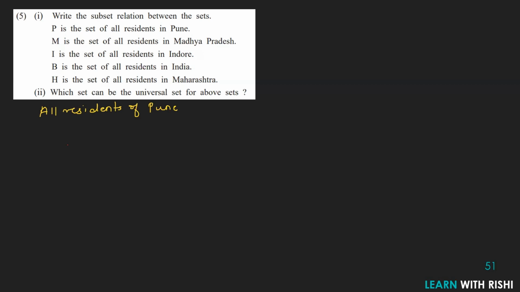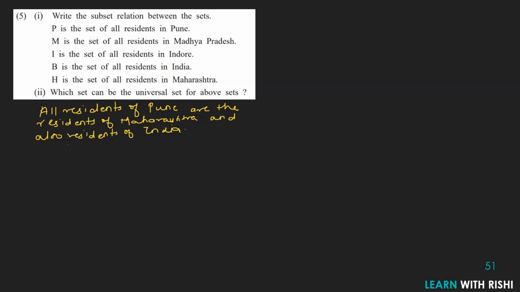So all residents of Pune are residents of Maharashtra, and also residents of India.